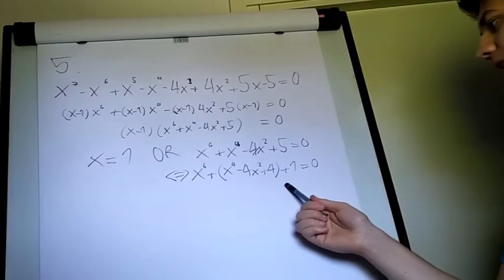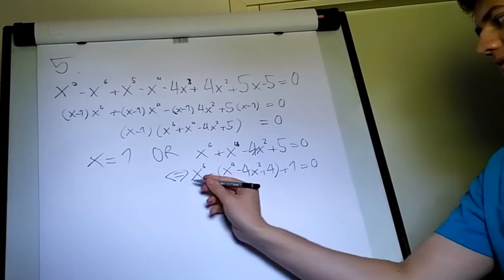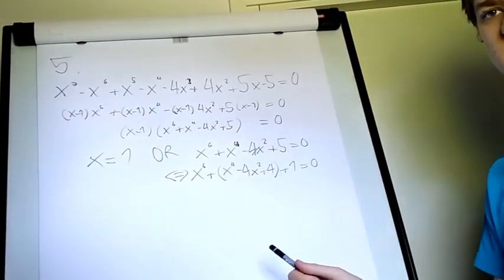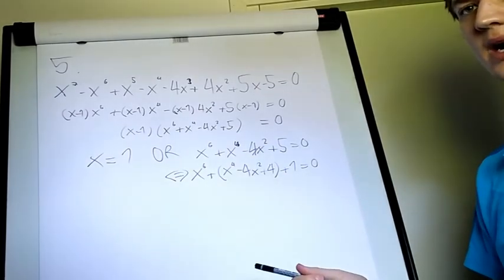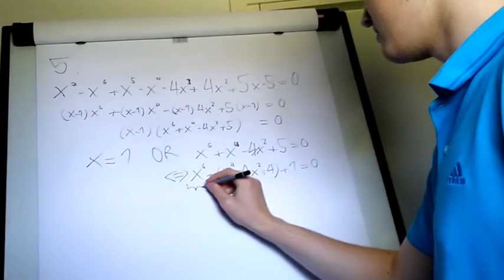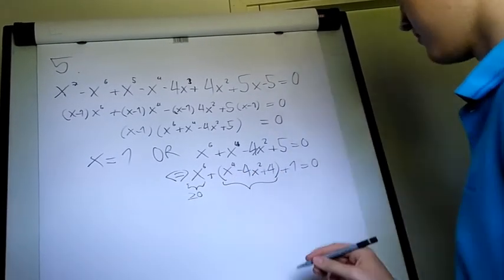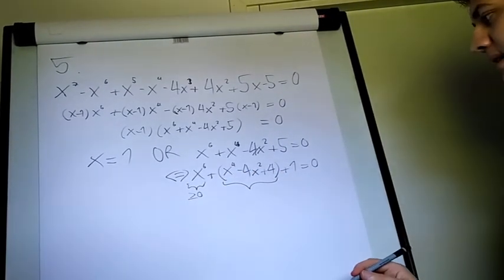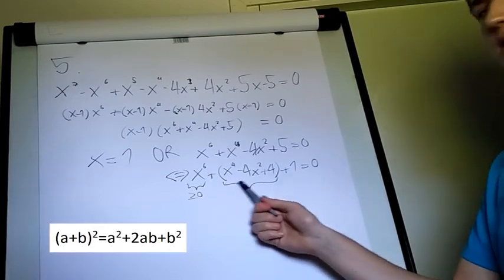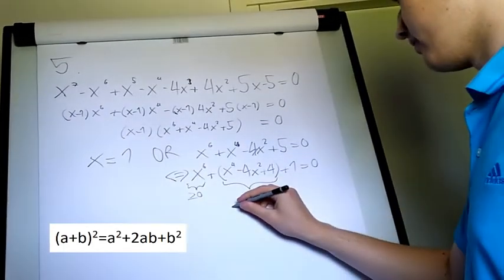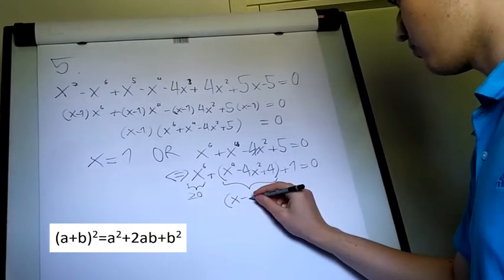But why is it not possible? Because x to the power of 6, it's an even power of a real number, is always greater than or equal to 0. And this one is equal to x squared minus 2, squared.